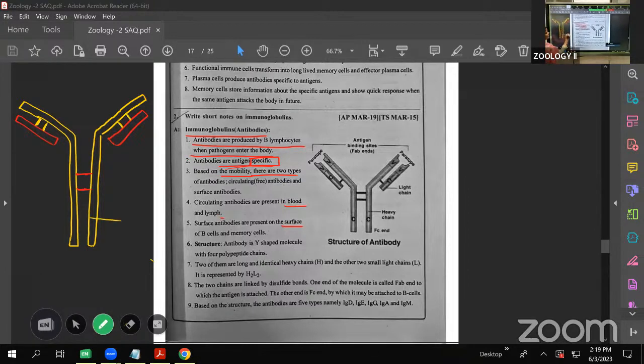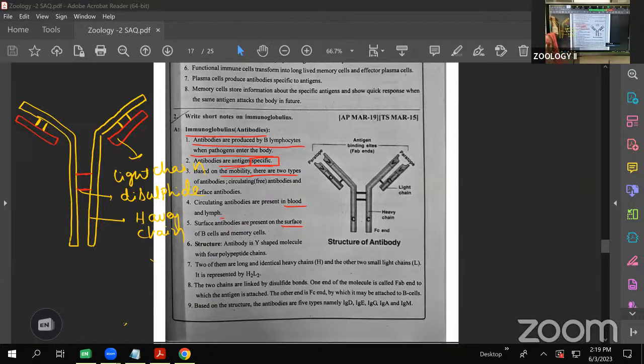The smaller one is called a light chain. Between them the bonds are there. They are called disulfide bonds. Disulfide bonds are between the two heavy chains, and between the heavy chain and the light chains, the bonds that we call disulfide bonds.